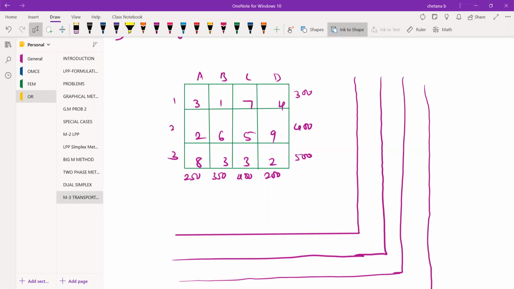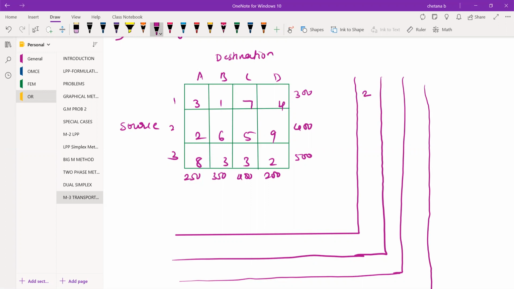Now, if you take the first source, 1 is the minimum in the first row, and the next minimum value is 3. Difference is 2. You need to write 2 here row wise.